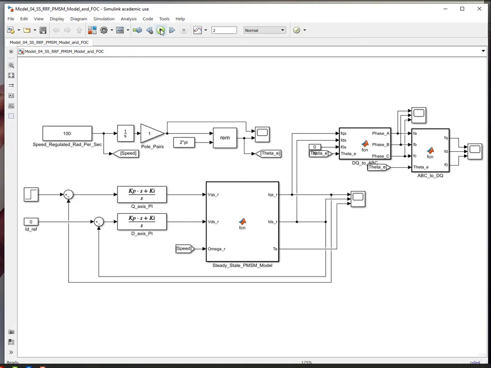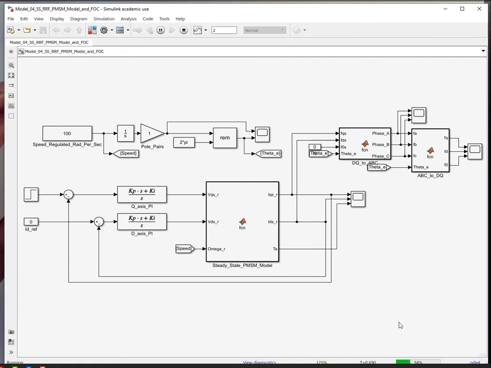So when I run this model, you can see that it takes a little bit of time because of how we have implemented our steady state PMSM model. So we'll let it run. And in the meantime, what I would like you to do, if you are following this series, think about how you can add dynamics to this model.